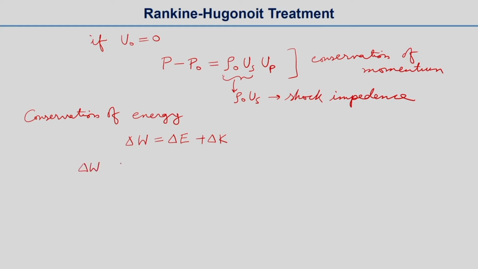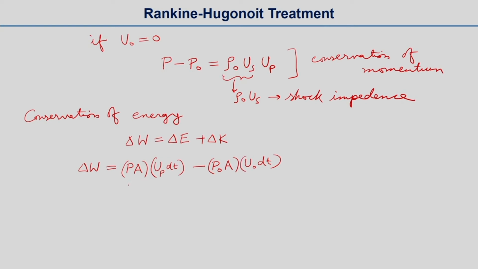Now the work done by pressure P minus the work done by pressure P naught, which we can write as P A, the force, into the distance of travel by the particles, that is written as up dt. So minus P naught, the area will be the same, the particle velocity will be u naught multiplied by time, which gives us the distance.